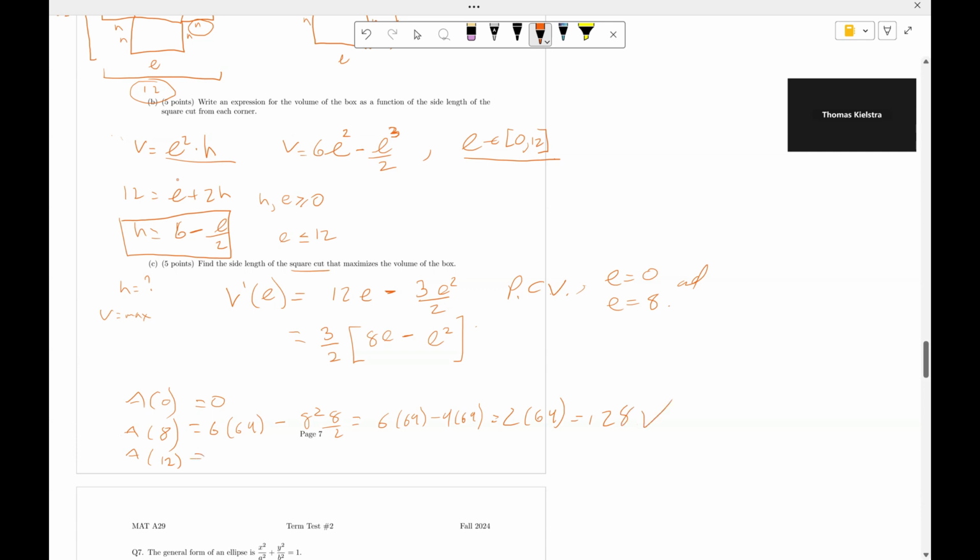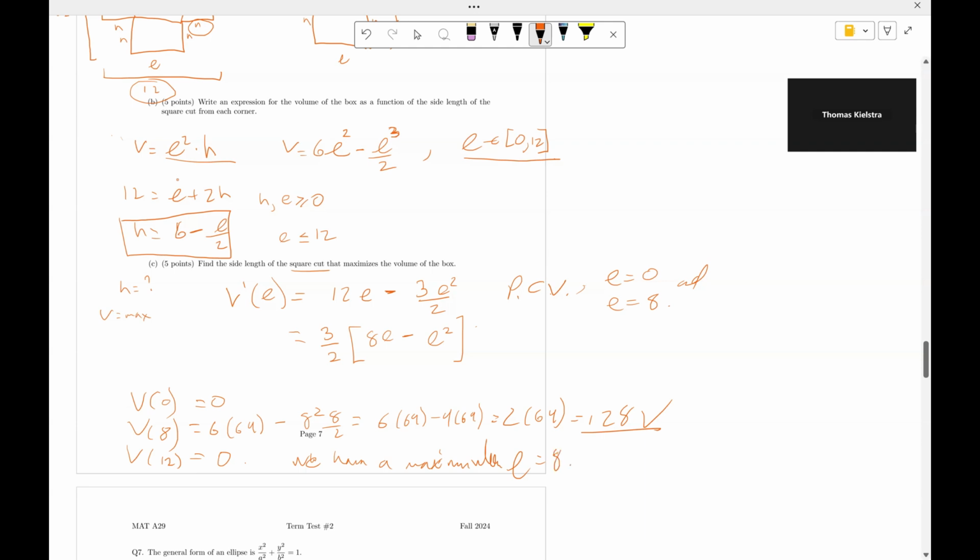And now when we plug in, I guess it's V, we plug in V of 12, we get 0 as well. So we have a maximum when L equals 8.